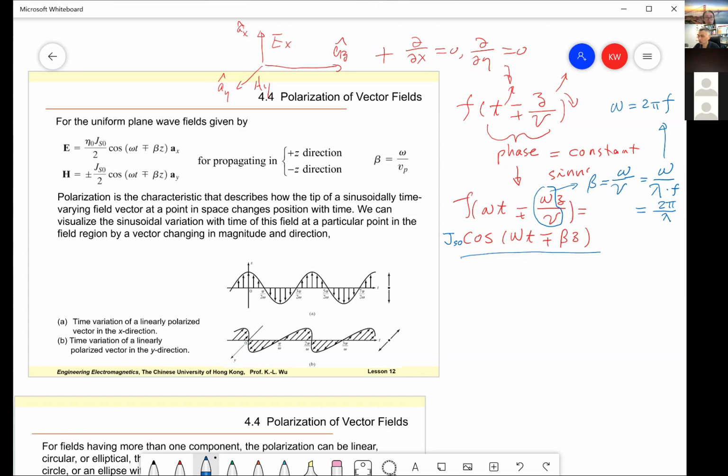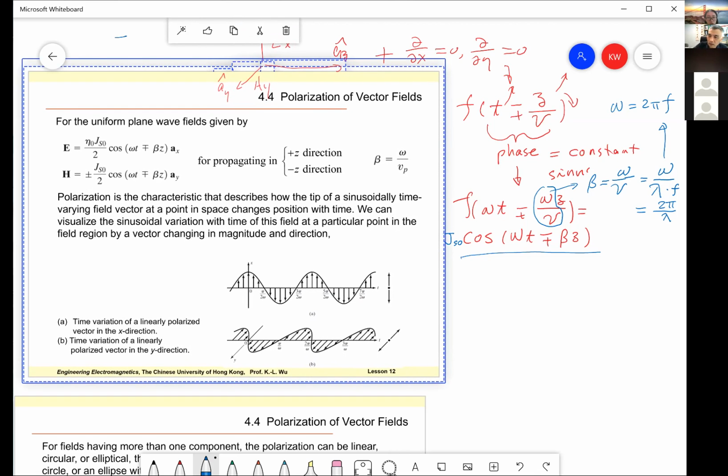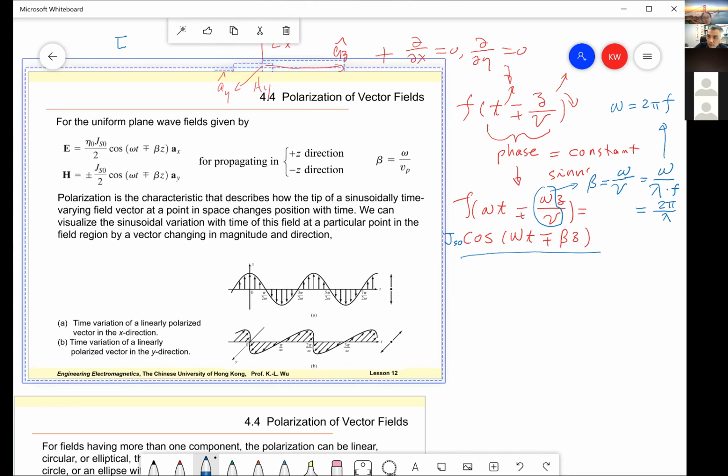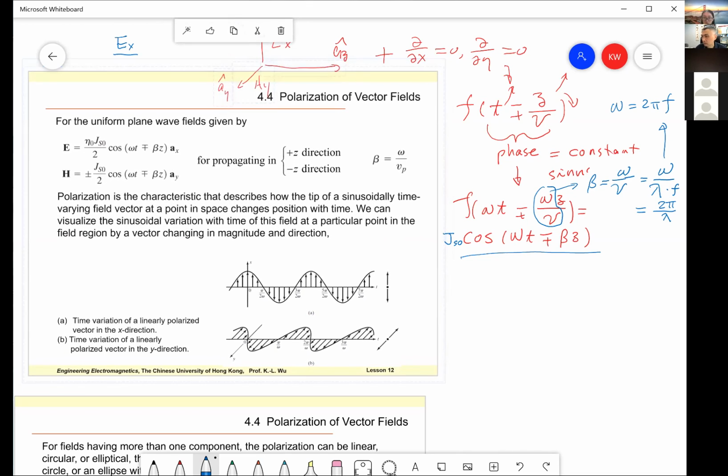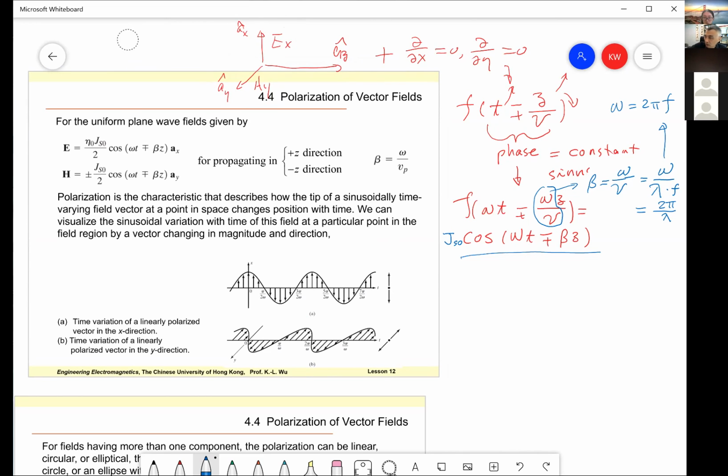Also, last week we justified that Ex divided by Hy is a constant.